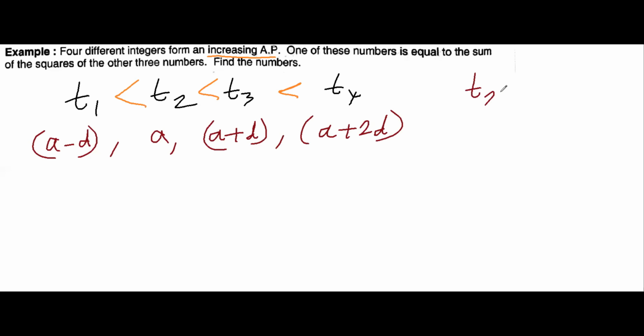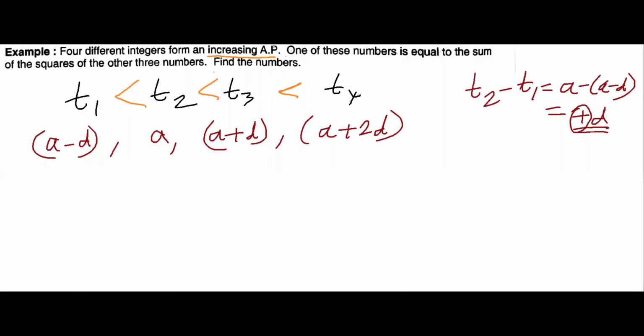Because T2 minus T1, that is A minus of A minus D, which is plus D. Because of this positive sign, I can say that this is an increasing AP. If the sign of common difference is positive, I will call that AP an increasing AP.